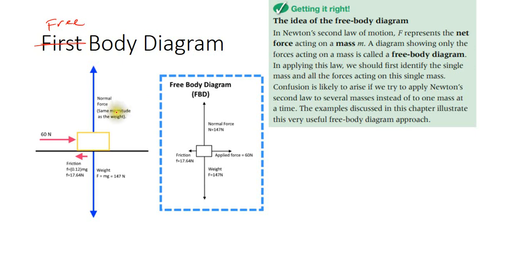Let's look at this one. We have the normal reaction force going up like this, and it has the same magnitude as the weight, because if the weight is 147 newtons, the normal reaction force must be the same. By applying a force to the right of 60 newtons, there is going to be what we call a frictional force that is trying to oppose the motion of the applied force.